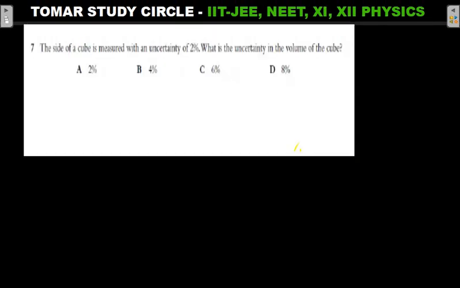The next question is here. The side of a cube is measured with an uncertainty of 2%. What is the uncertainty in the volume of the cube? We know that volume of a cube V will be equal to the cube of the side of the cube, that is V equal to A raised to power 3, where A is the side of the cube.